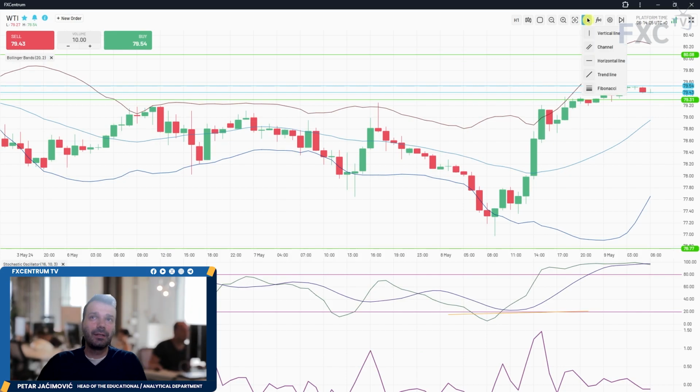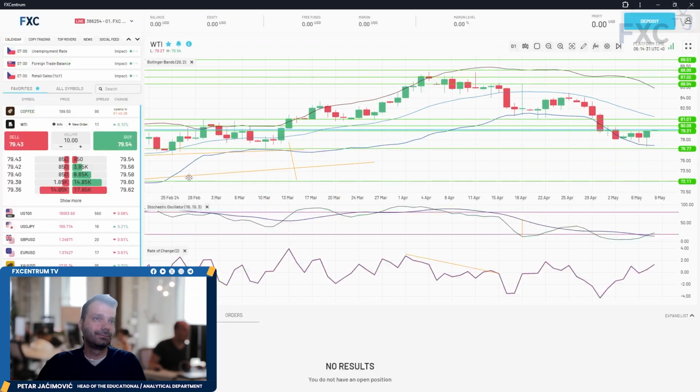Or another side, if market will just sell off, break this middle Bollinger Band, and then even try to attack the lower Bollinger Band, there will be a chance for a downside movement and this volatility to increase even further. So it will be important to watch at this point. So far, we got price equal time after this rally. So now we need to see what kind of reaction do we have from sellers at this point.